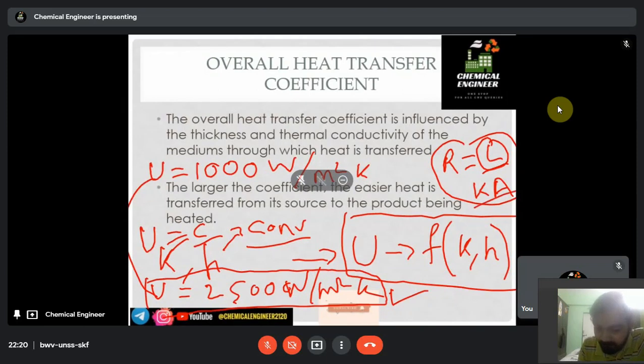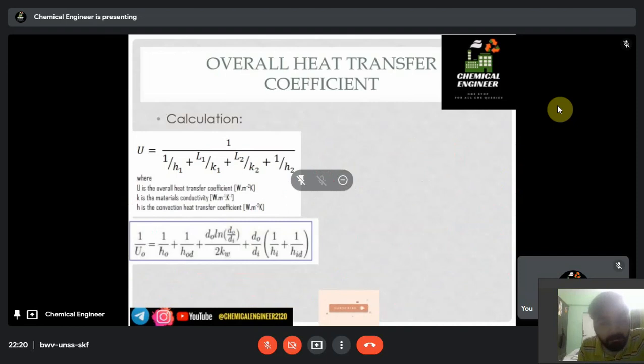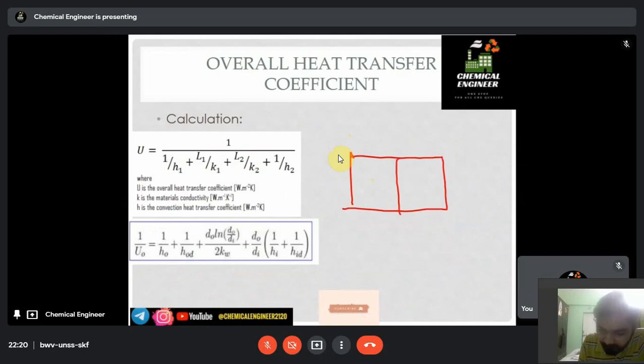Okay, so next, in order to calculate this heat transfer, let us look at the equations. Suppose the first equation is for the plane wall. Here the heat transfer coefficient is H1, the conductivity here is K1, here the conductivity is K2, and the heat transfer coefficient here is H2.